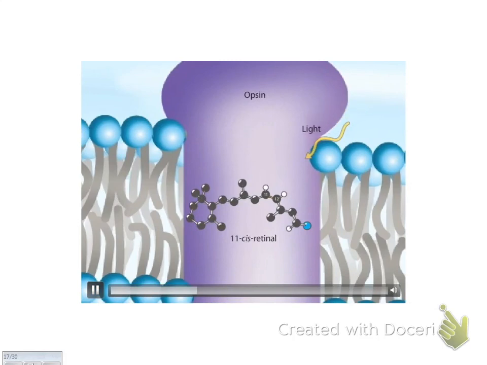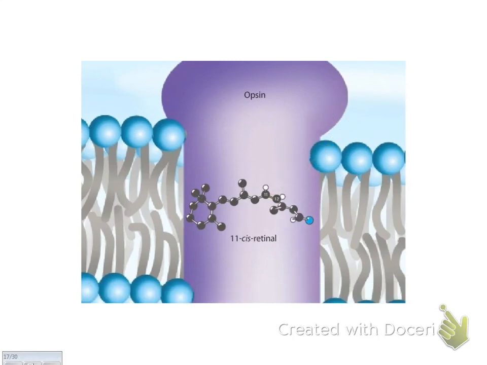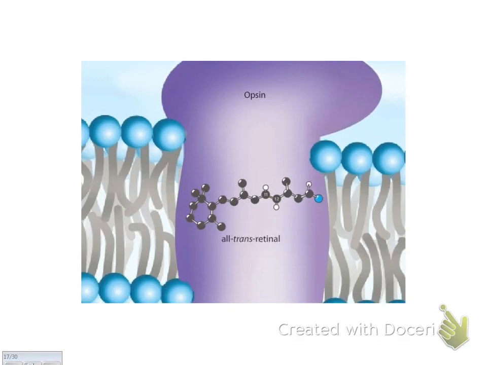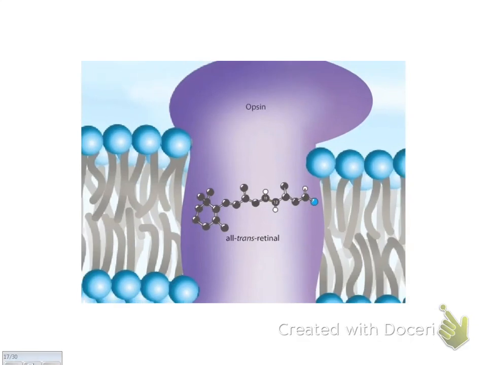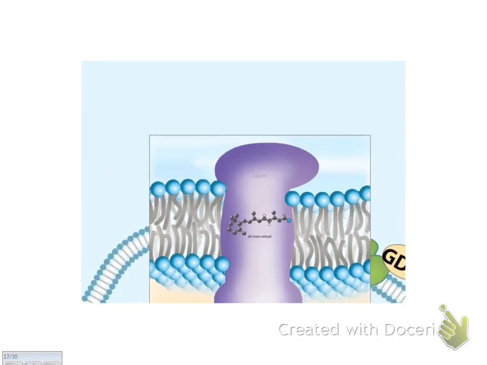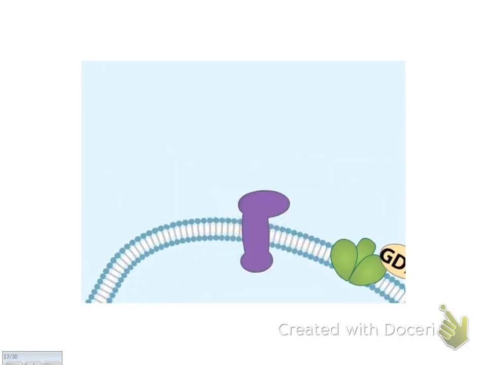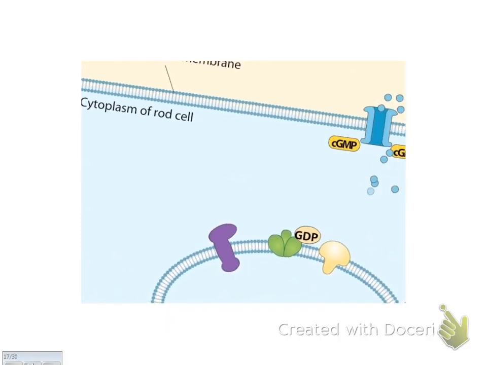When 11-cis-retinal absorbs a photon of light energy, the molecule rotates around an internal bond, straightening out, and becomes all trans-retinal. The shift in retinal forces a conformation change in the opsin. Conformation change. Protection of light.